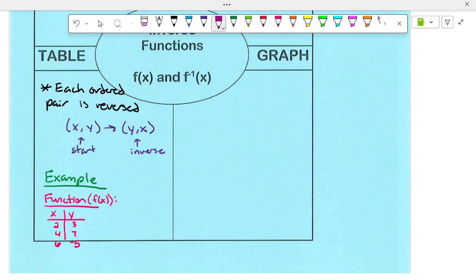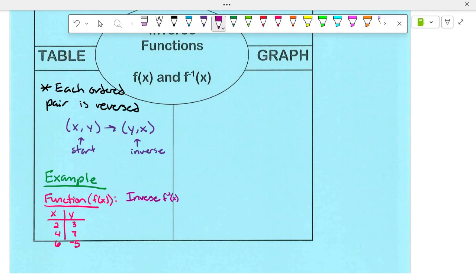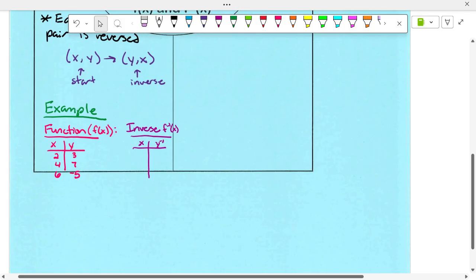What would be my inverse table? And remember, you can write that as f -1 of x. So what would be my inverse table? So x and the inverse of y.